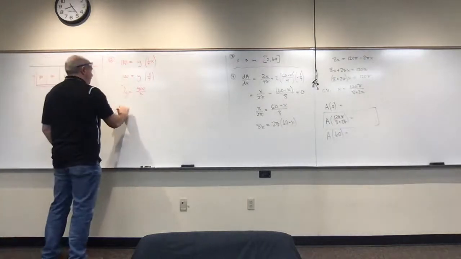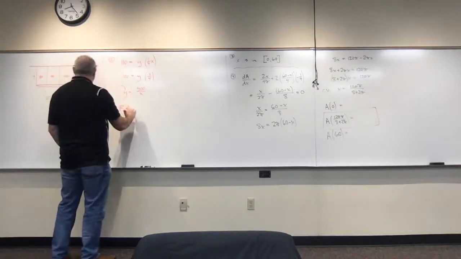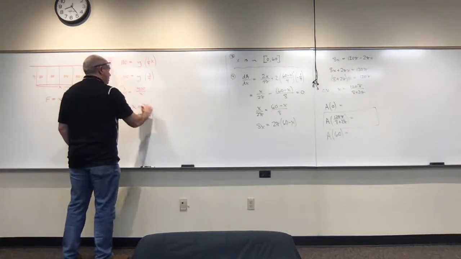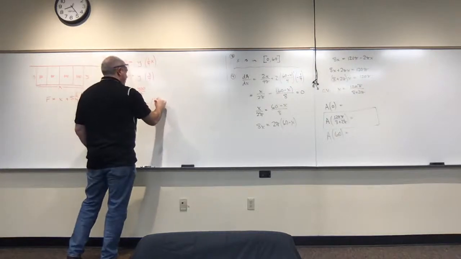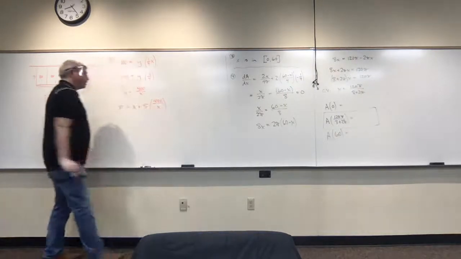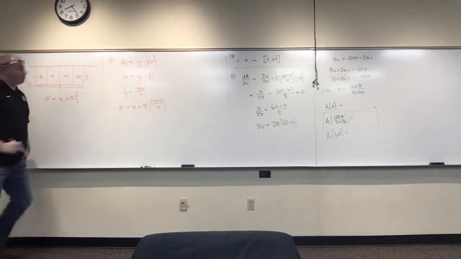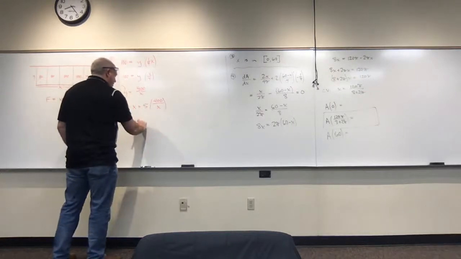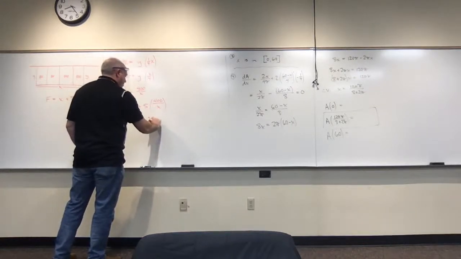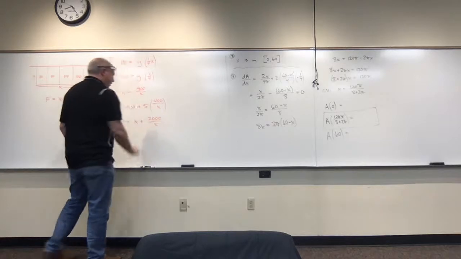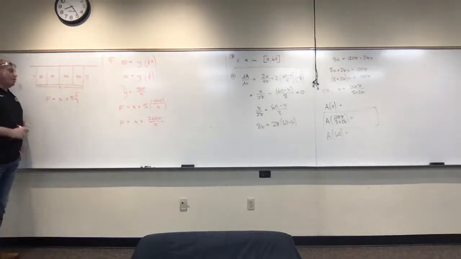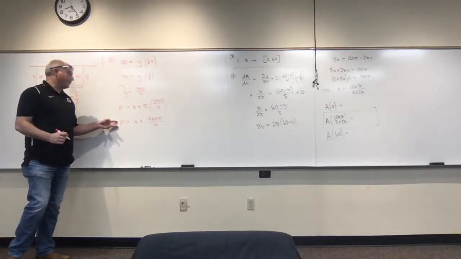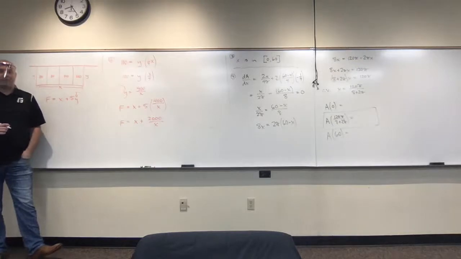I get that F, the fencing, is equal to X plus 5 times Y, but Y is 400 over X. Simplified, I get that my fencing is equal to X plus 2,000 over X. Okay, and so now we're done with step 2, and we have an equation for our fencing that is only in terms of one variable.